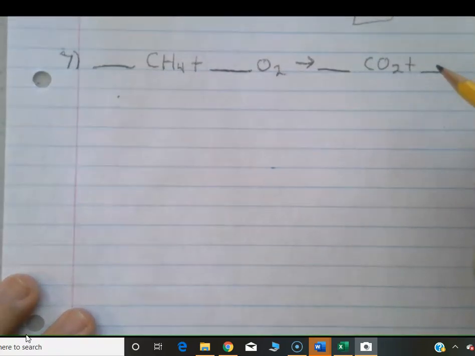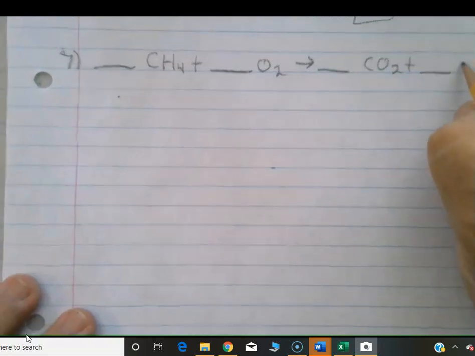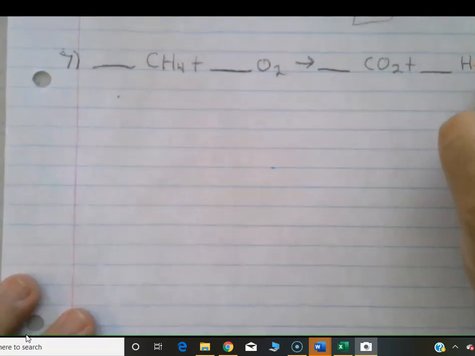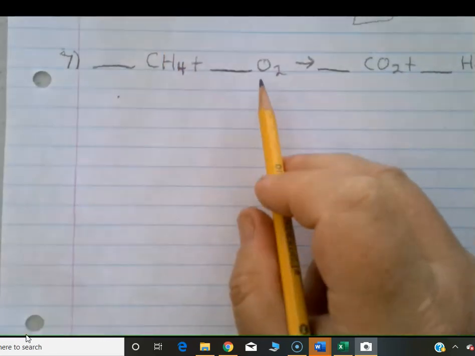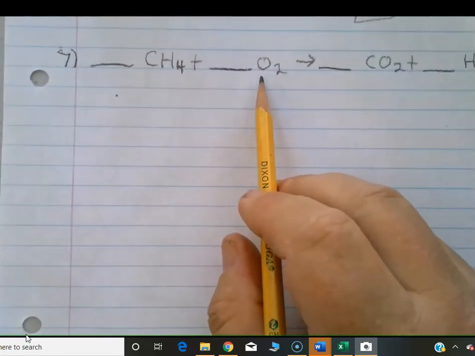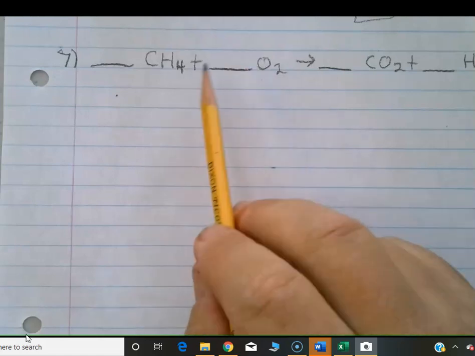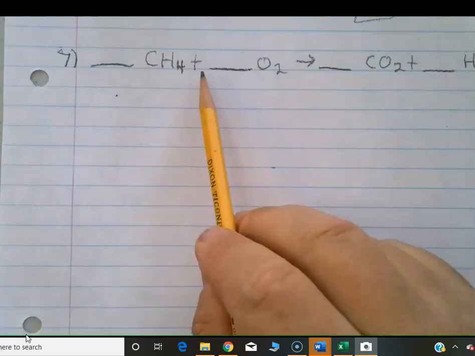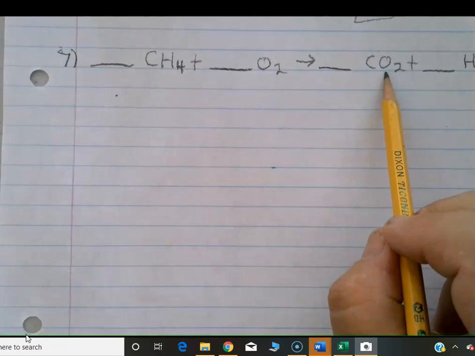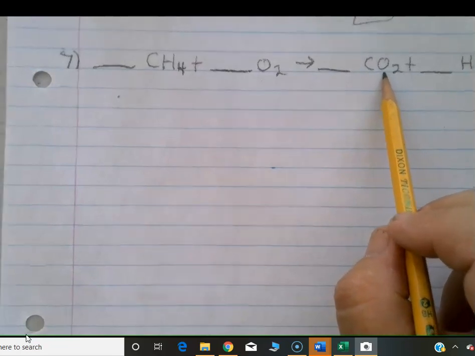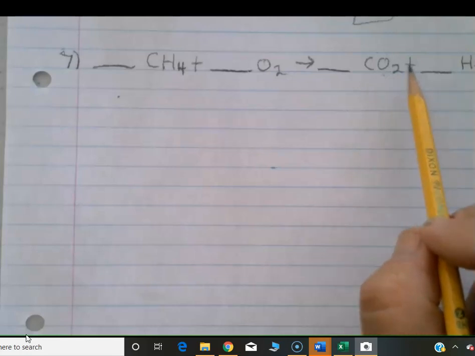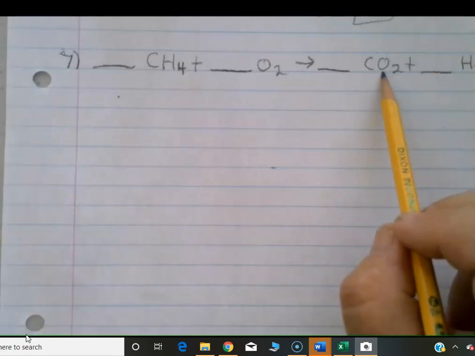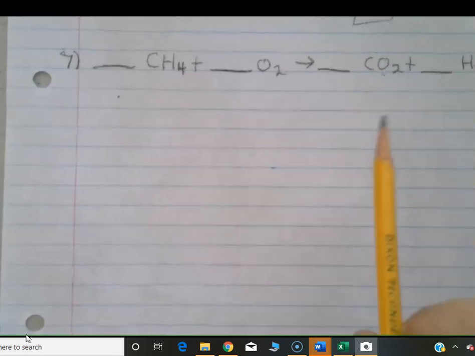It's methane or natural gas. Okay, this is methane. That's CH4. You burn it in oxygen, and that creates fire. You're going to get a flame from that. It's going to produce carbon dioxide, which is not a poison, although you can't be in a room with nothing else. It's what plants breathe. Okay, it is something that we have to have in our environment, and H2O, water, which of course we have to have.